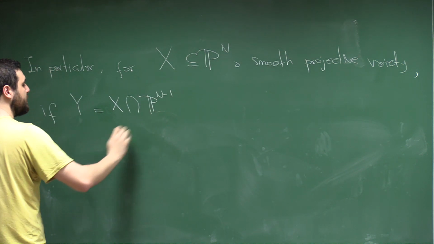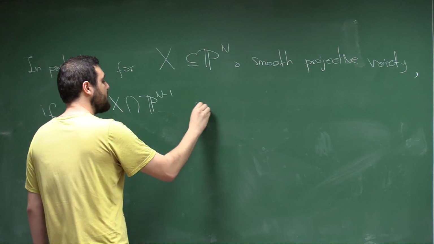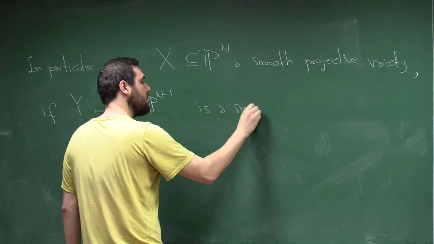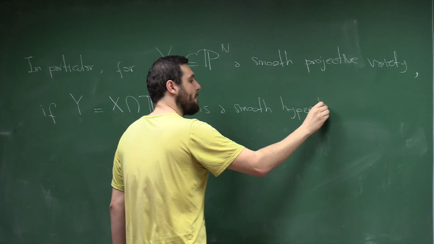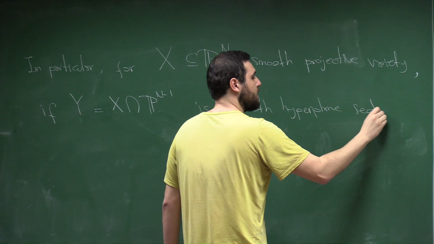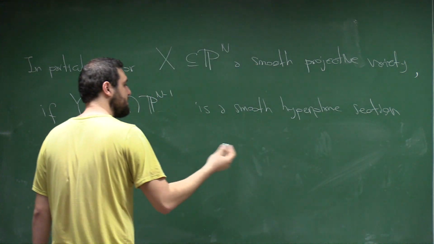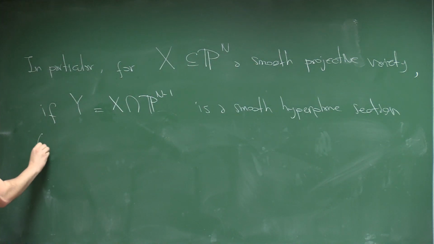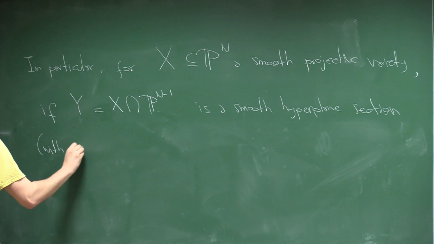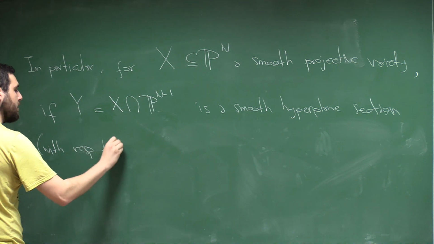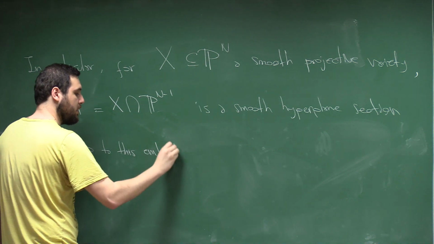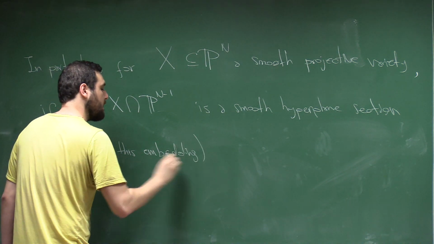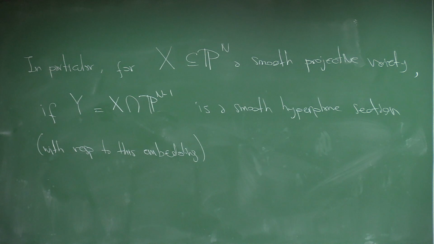Well, it doesn't matter. Some Pn minus 1 is a smooth hyperplane section, with respect to this same embedding. So we have y, a smooth hyperplane section.